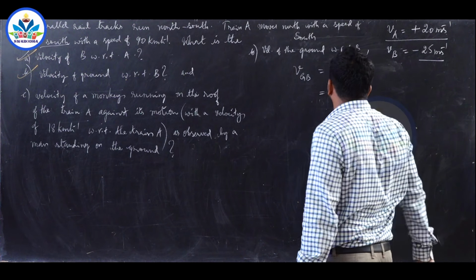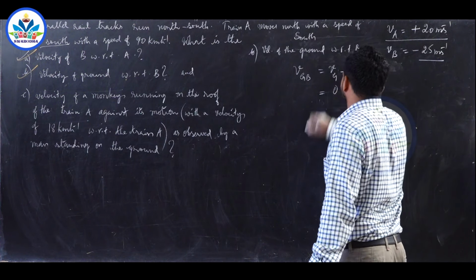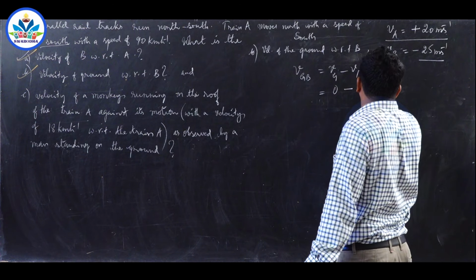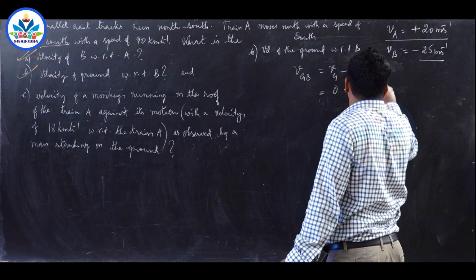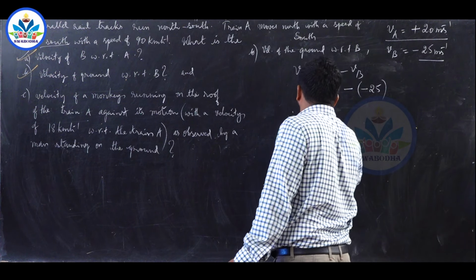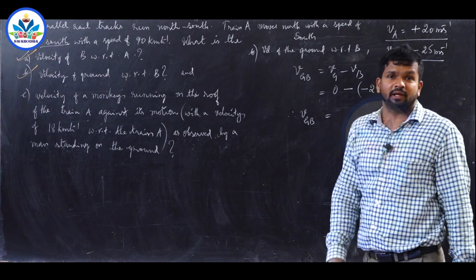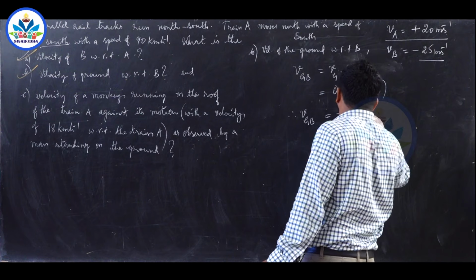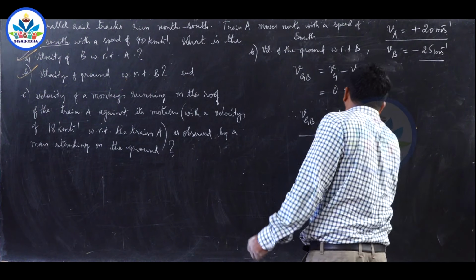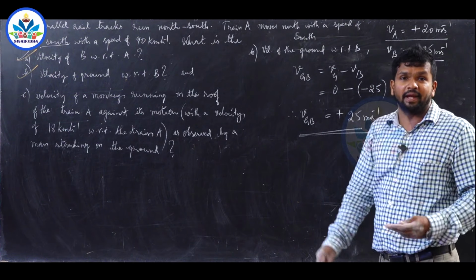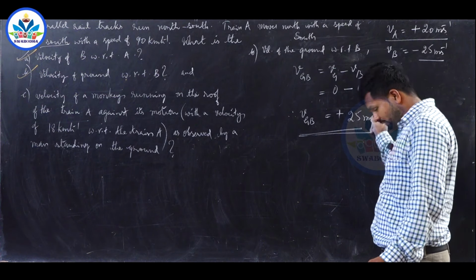VG minus VB: velocity of ground is 0, no doubt, ground is not moving. VB is minus 25. So velocity of ground is 0, but velocity of ground with respect to train B would be plus 25 meter per second.